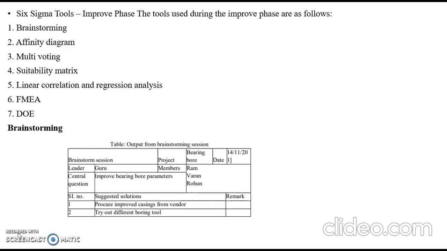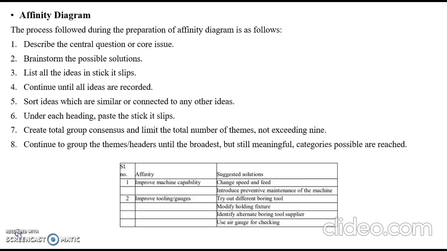During the brainstorm, the leader has to make sure that the few members do not dominate the session and everyone is given equal opportunity to express their points. Many of the solutions point to a certain central idea, and it is necessary to group such ideas by using affinity diagrams, the second tool in improve phase. And the second tool is affinity diagram.